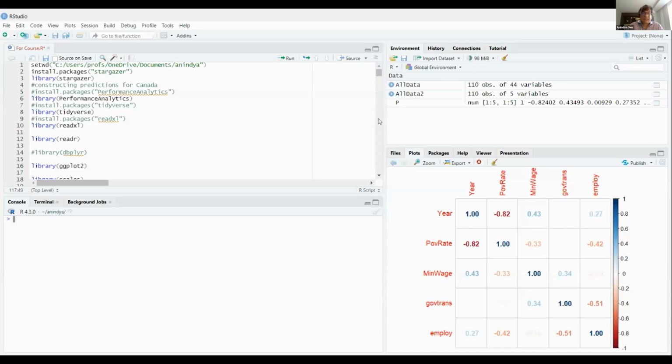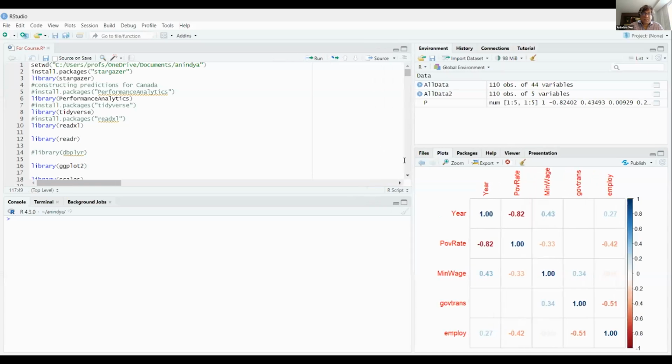I'm sorry the font is a bit small, but essentially how R works is that I won't get to everything, but just quickly, here in this left-hand corner is where I put all my commands, okay? And then whether the commands are processed or not comes here at the bottom. And then on the right here, the environment tells me what data sets I'm using, how many observations I have, how large my data sets are.